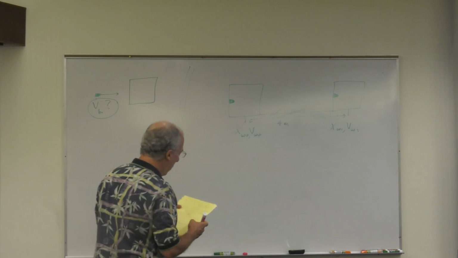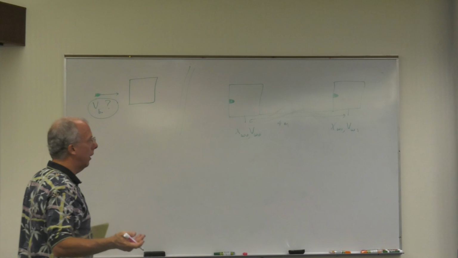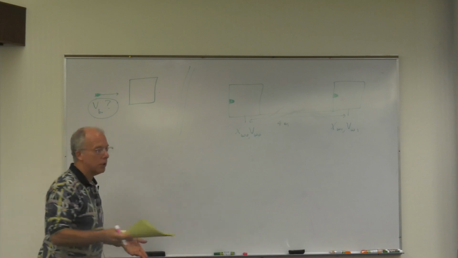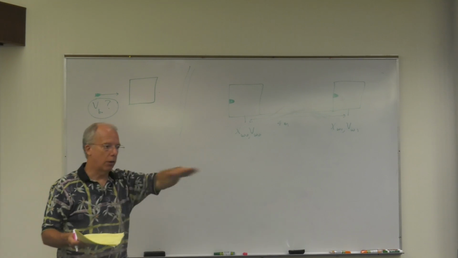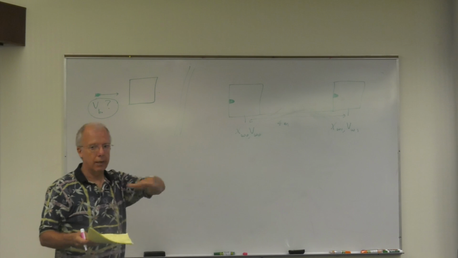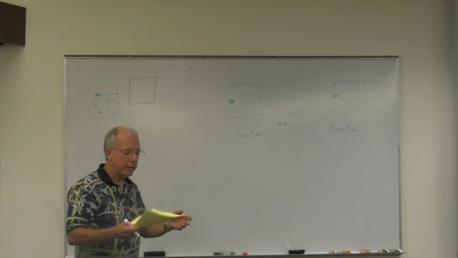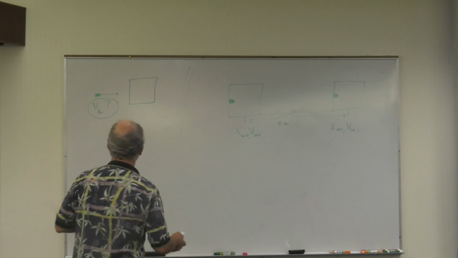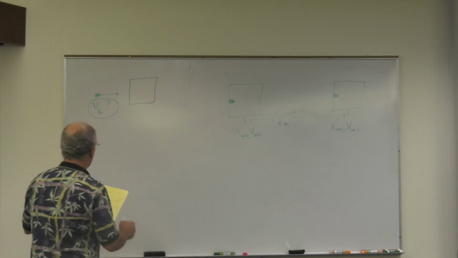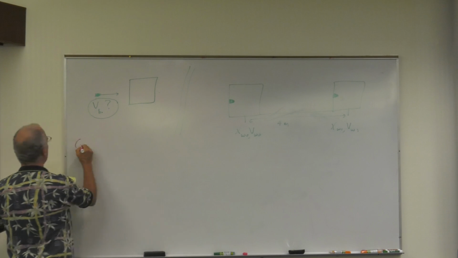So if we ignore friction during the collision, what's conserved? Well, there are no external horizontal forces, and so momentum is conserved. So let's do it, just for the collision.